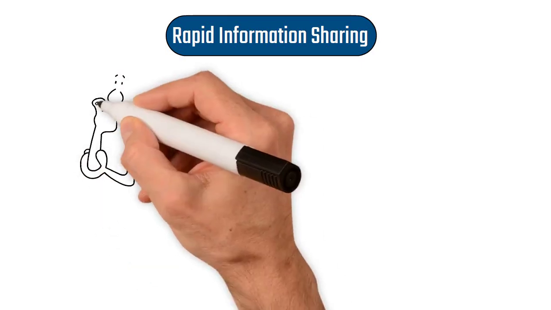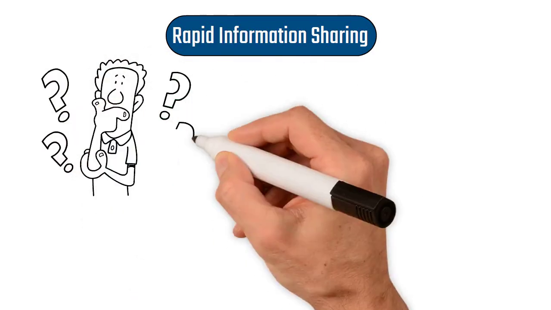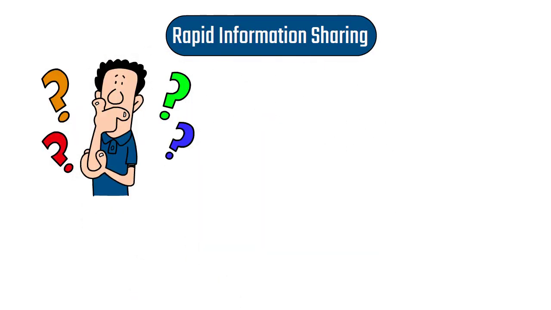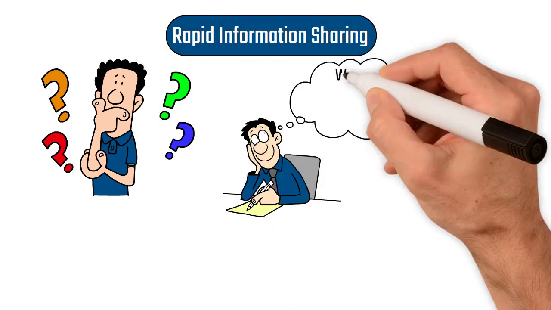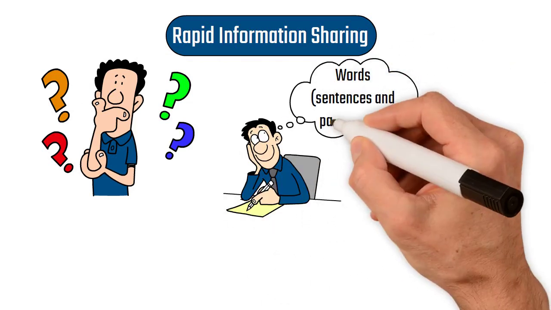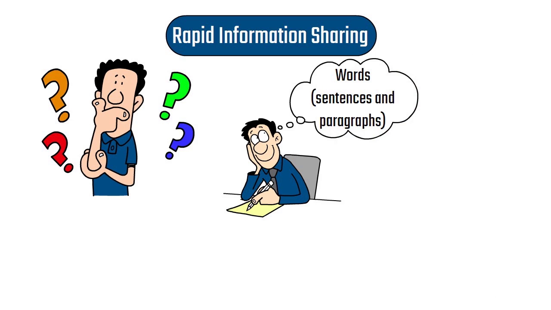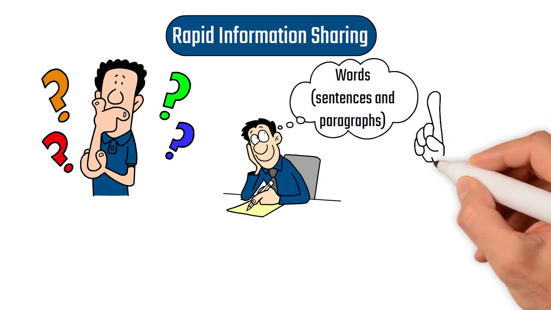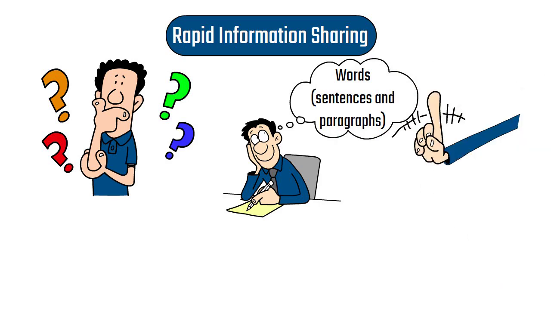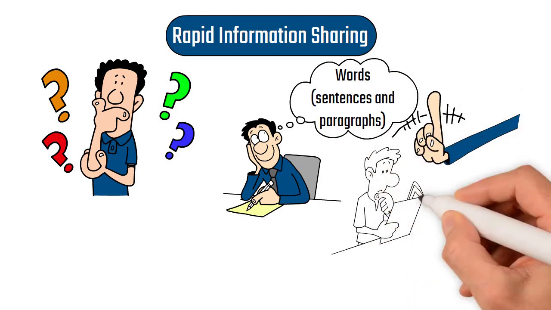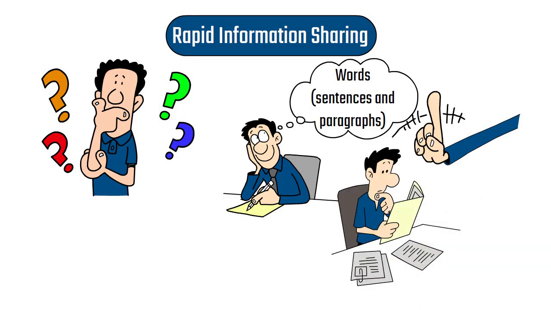Without BPMN, how do you capture and share information pertaining to a business process? You could use your words and describe it with sentences and paragraphs. And while this method could theoretically capture as much detail as you'd like, it does not necessarily allow for rapid communication of those ideas, meaning the viewer must read every word to see and understand the full picture.